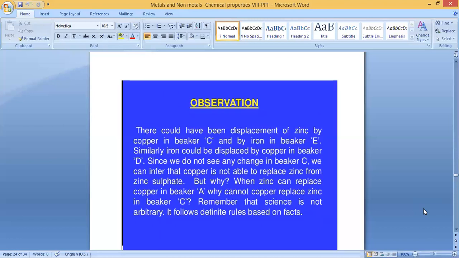Copper is not able to replace zinc from zinc sulfate. But why? When zinc can replace copper in beaker A, why cannot copper replace zinc in beaker C? That is the question. What is the reason for that?